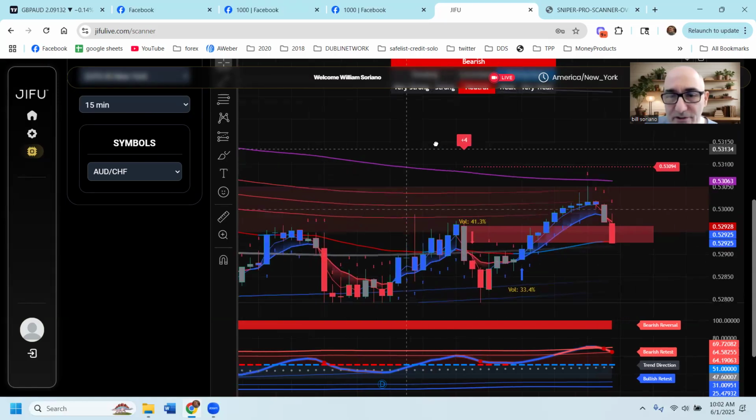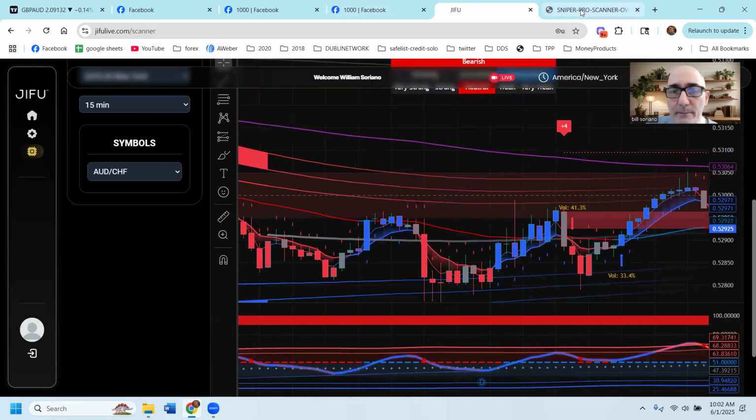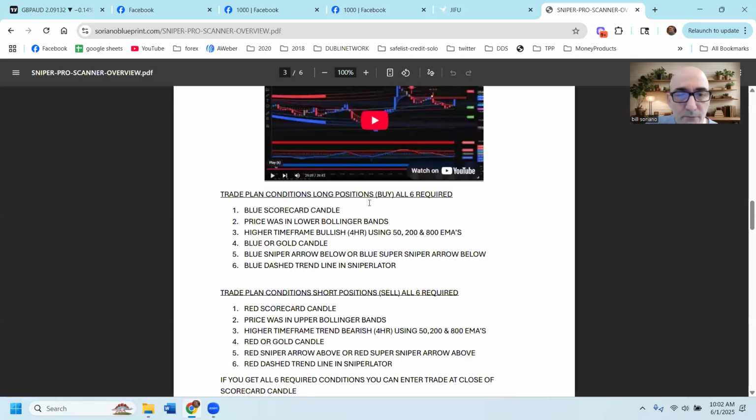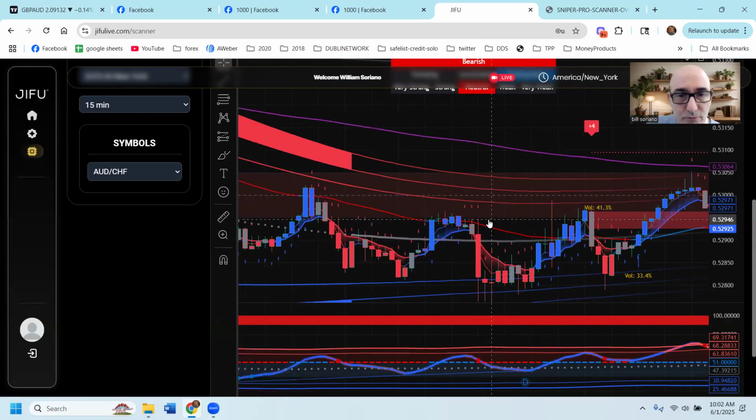But the very first thing that I wanted to mention, guys, is that for a sell like that, price has to be in the upper Bollinger Bands. Now, this is where I make a distinction. There are actually three lines here for the Bollinger Bands. This is a proprietary volatility indicator that the scanner uses. It's like Bollinger Bands, but it's not actually Bollinger Bands.